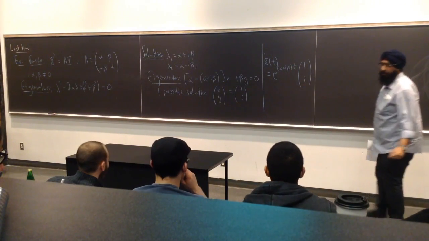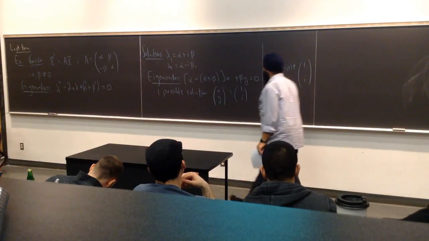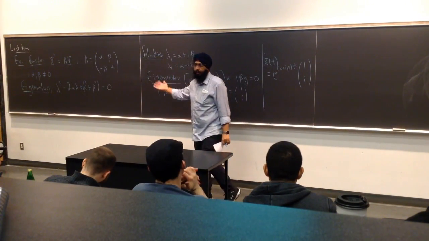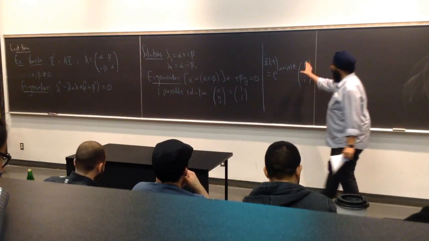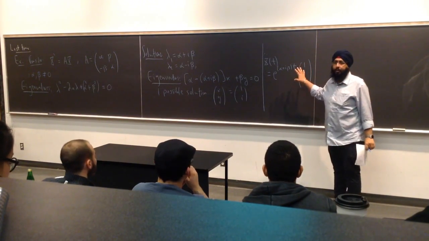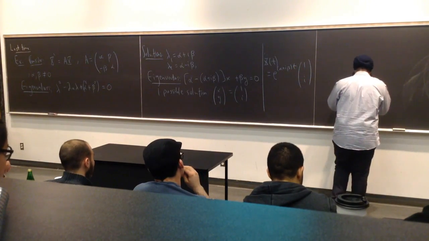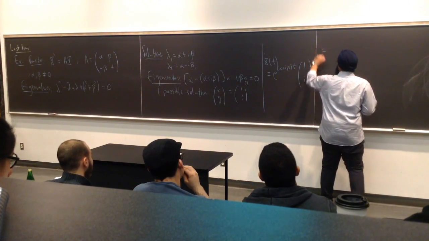So that's our fundamental theorem. The whole thing of solving linear systems is finding the eigenvalues and eigenvectors. And the minute you have that, you have the solution. But as I said, we would like to write this in real components, not just the complex form. So let's see how we can do this.